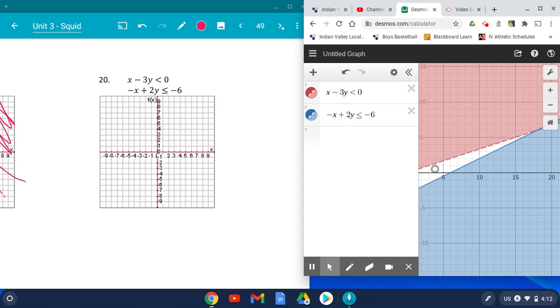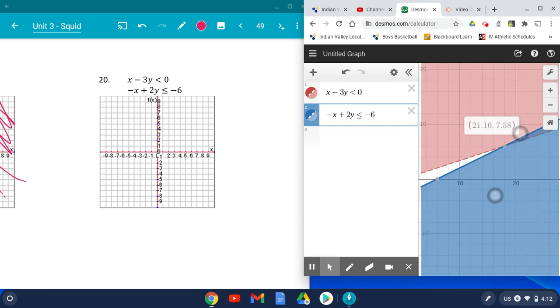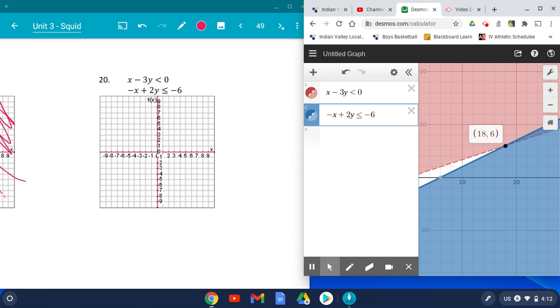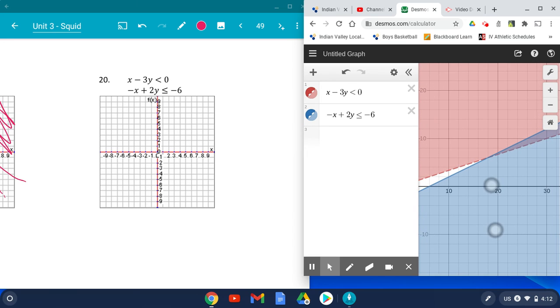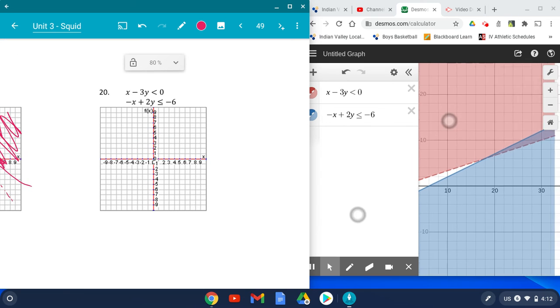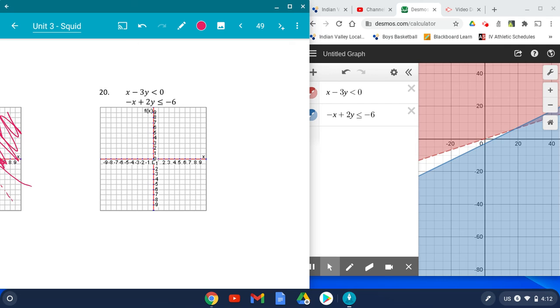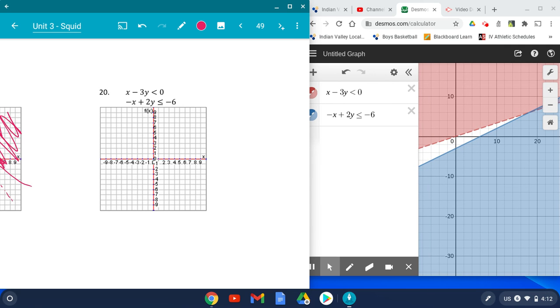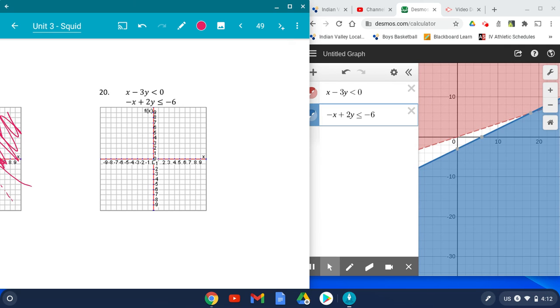Now they're going to intersect. Ooh, way out there. Look at that. X minus 3y is less than 0. Negative x plus 2y. That's going to be going way off the graph. So it's going to look kind of funky.